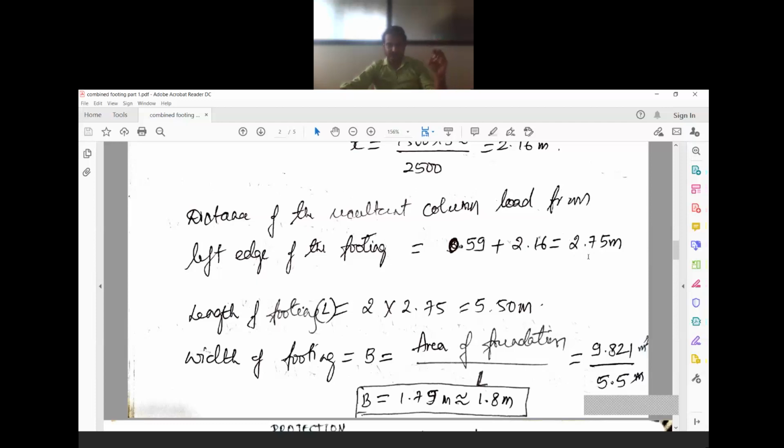So this 2.75 meter itself is the centroidal distance of the foundation. That means the length of the foundation is double this value, 2.75 into 2. Therefore, length of footing is 2 into 2.75, which is 5.50 meters. So total length of the foundation is 5.50 meter.